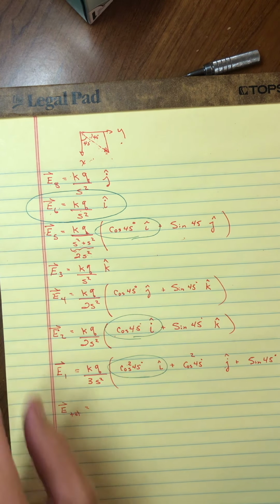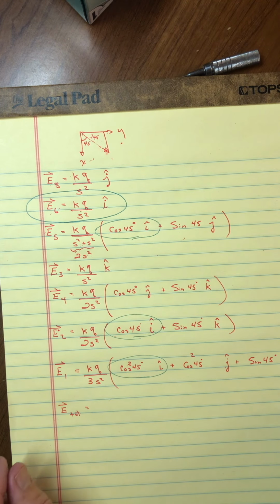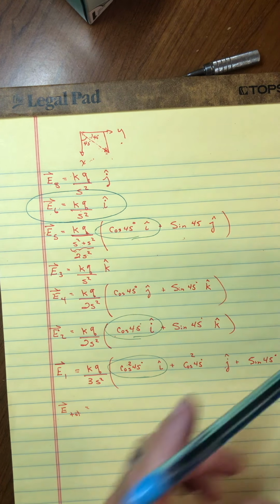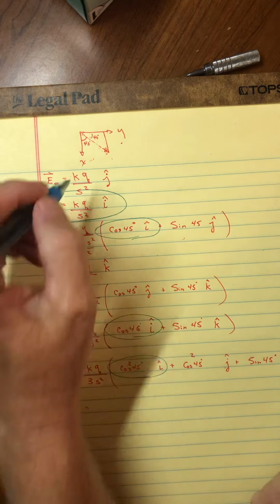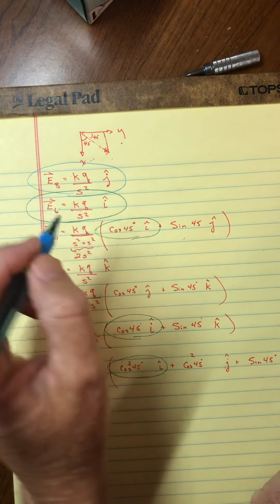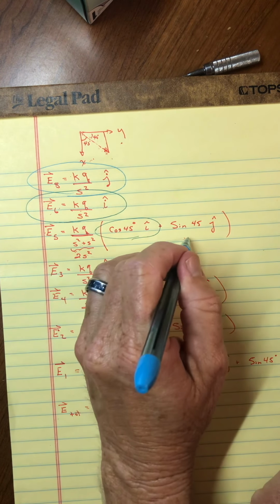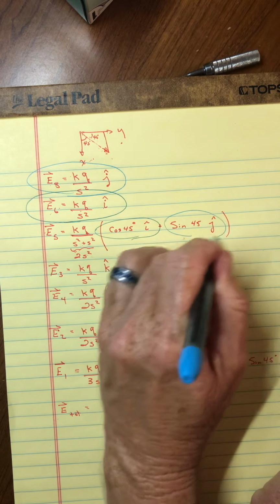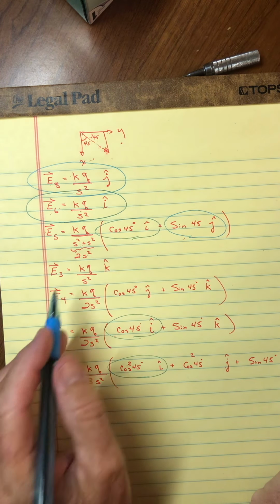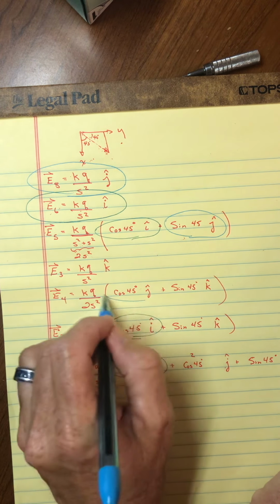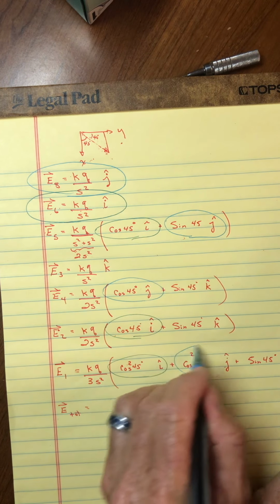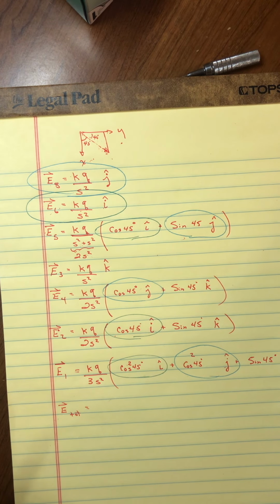Now look at the j-hats for a moment. Grab a different color. How about a blue? All right, so here's a j-hat. Here's one. Here's a j-hat. 2, 3, 4. Okay.